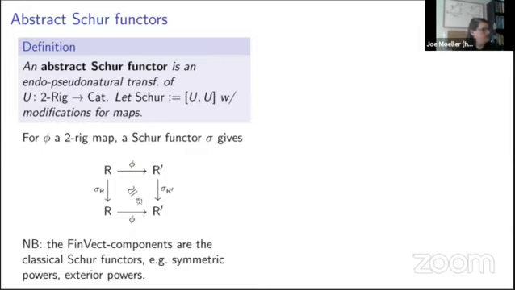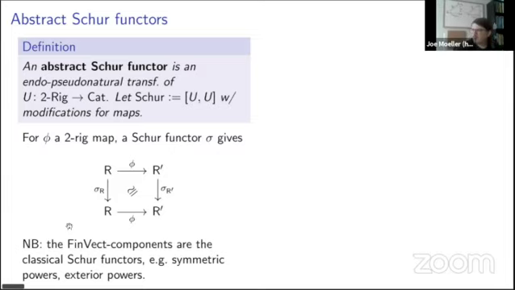but which commute with your 2-rig functor up to isomorphism. And the reason that we call these abstract Schur functors is that if you look at the FinVect components of any one of these, you always get what is classically known as a Schur functor by representation theorists. Some examples of those are taking symmetric powers or exterior powers, or lots of interpolations between those two things.